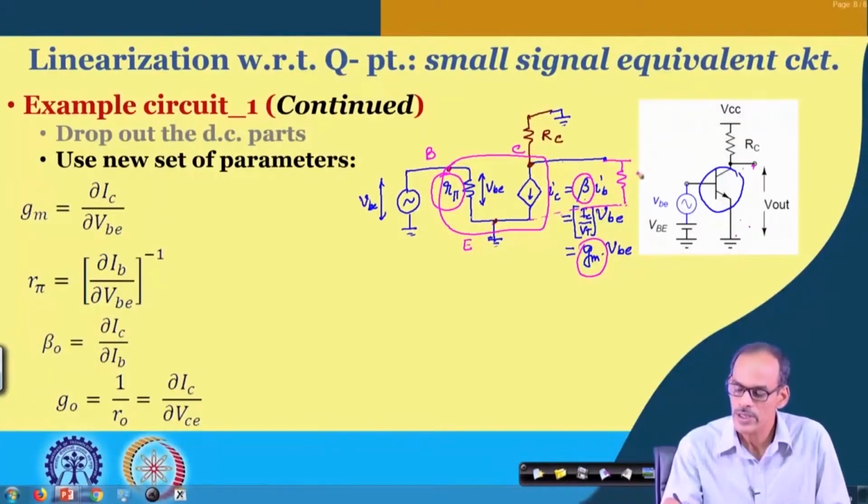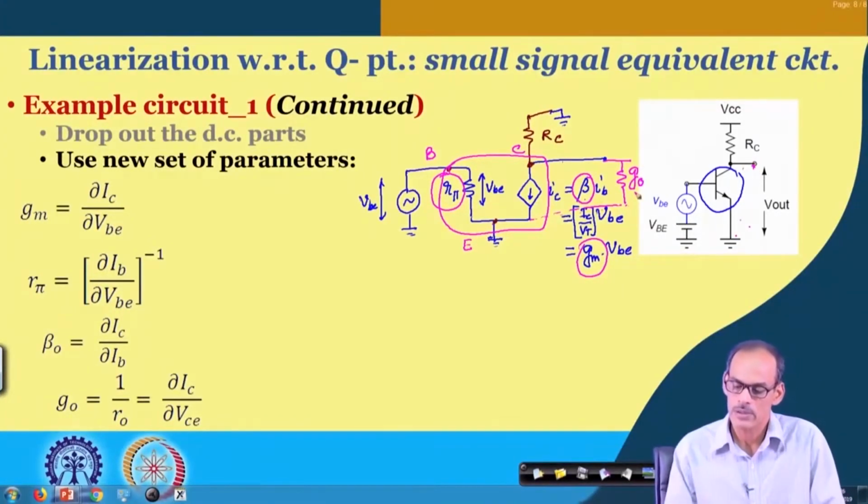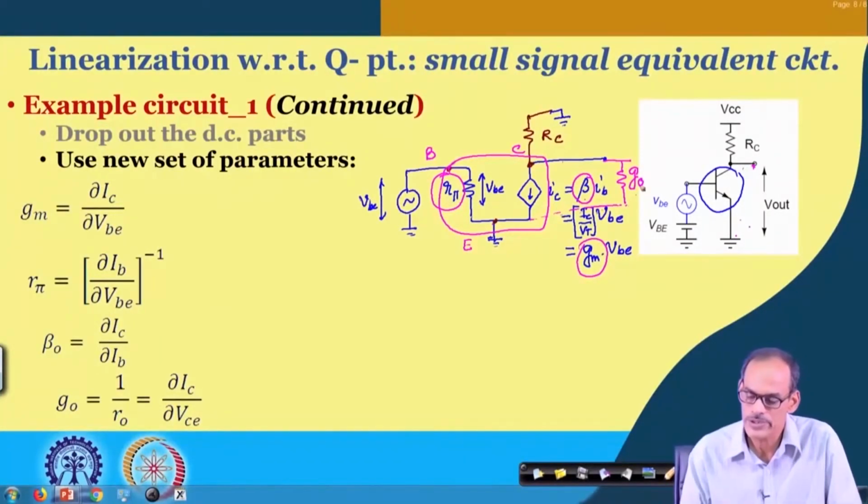This conducting element is referred to as output conductance, and that is the meaning of each of these terms involved with this equivalent circuit.